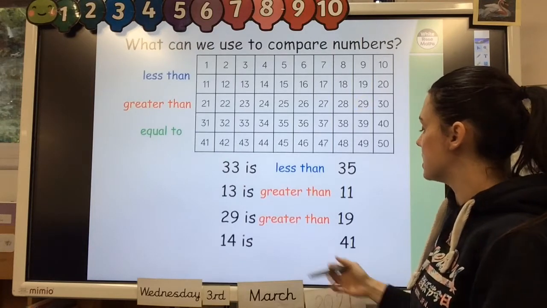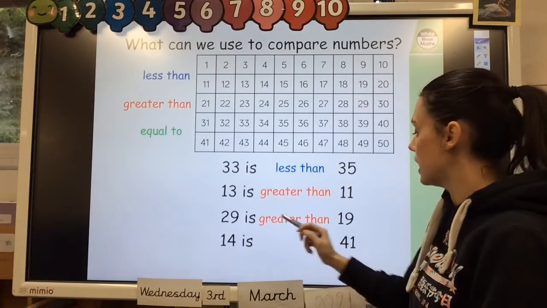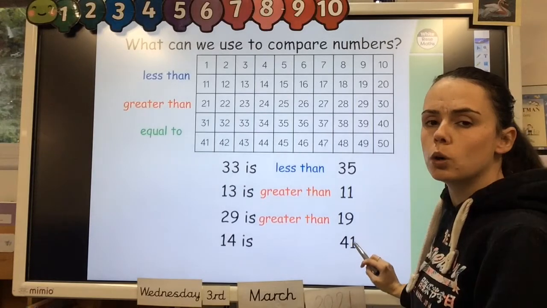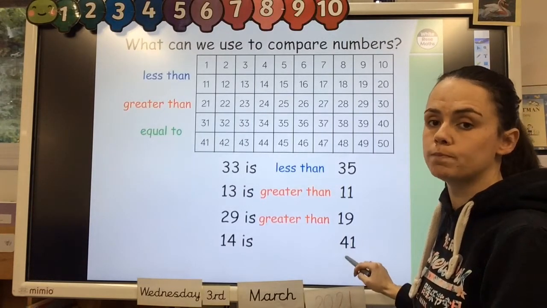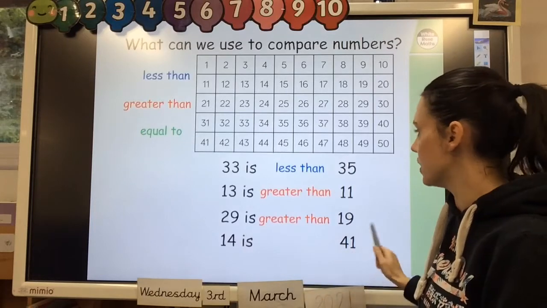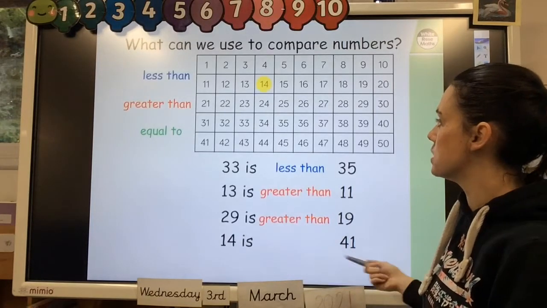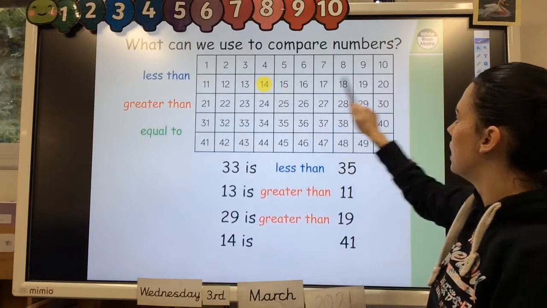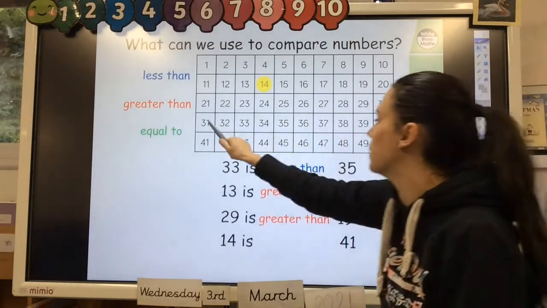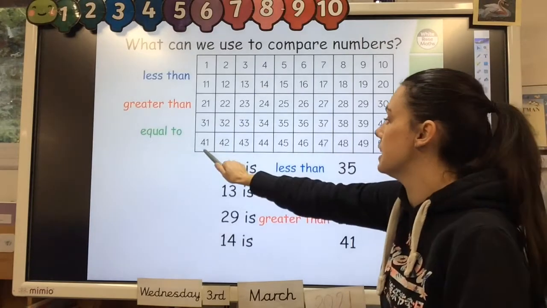And our last one is 14 is something to. What number is this? This is 41. 14 is something to 41. Let's find 14. Now 41 is all the way along, and all the way along, and all the way along, and it's here.